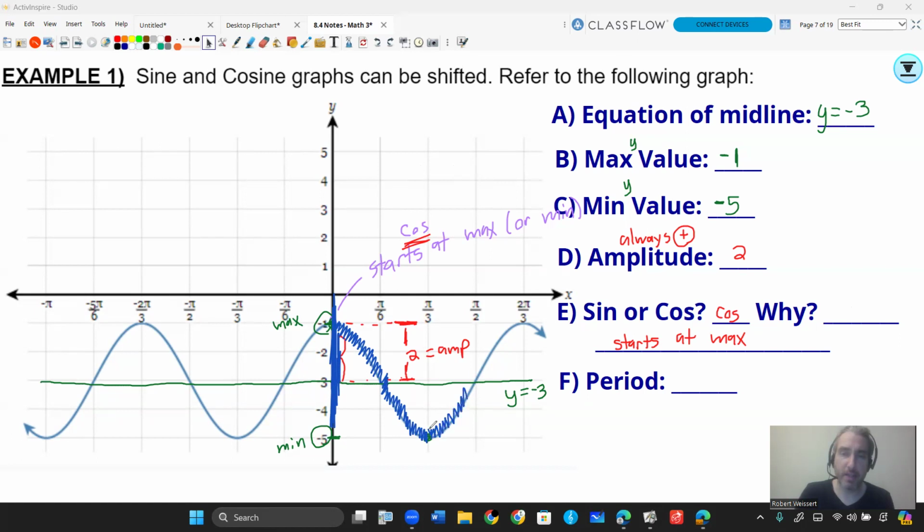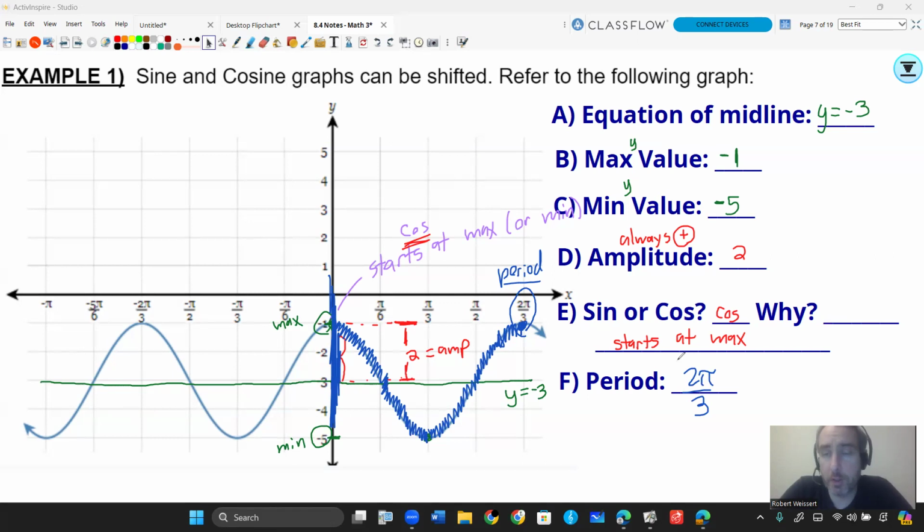So we got to extend that to the next peak. And right at that spot, notice that it's going to keep that pattern going. So this x value right here represents your period. And the reason it's an x value is because period represents a horizontal distance. So x is the horizontal axis. In this case here, it's 2 pi over 3.